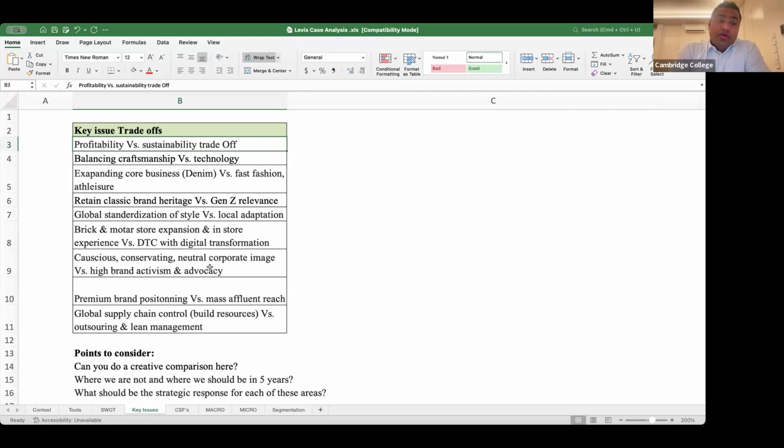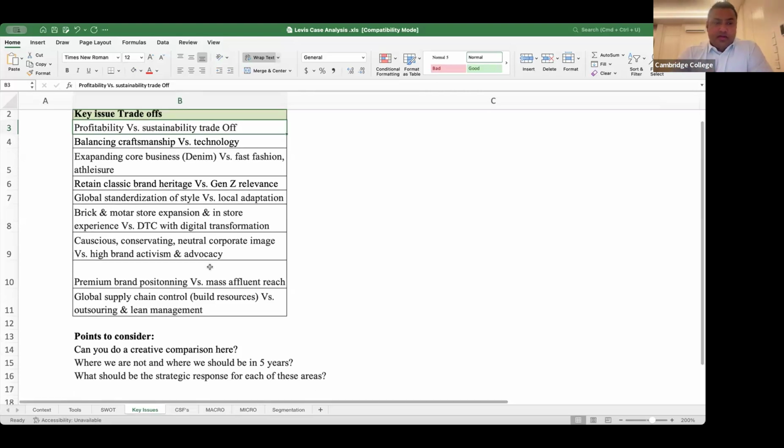Or are you going to be lean and agile and outsource your non-value adding activities, just like a brand like Nike? And you just stick to a few things of design and marketing and brand management and outsource everything else. So these are some of the trade-offs that you need to take strategically, and you need to have an opinion, right?